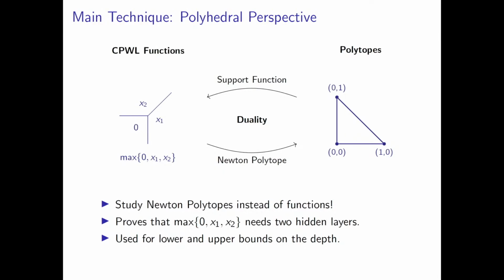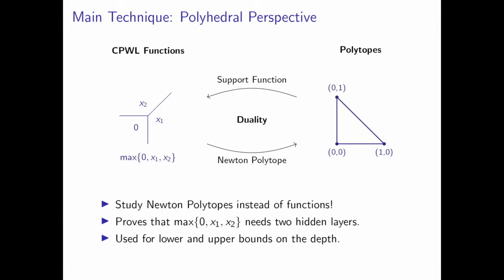In fact, they will be zonotopes if that tells you something. But if you have a centrally symmetric polytope, the easy answer is the triangle is not centrally symmetric. So you cannot generate this Newton polytope with a single hidden layer.